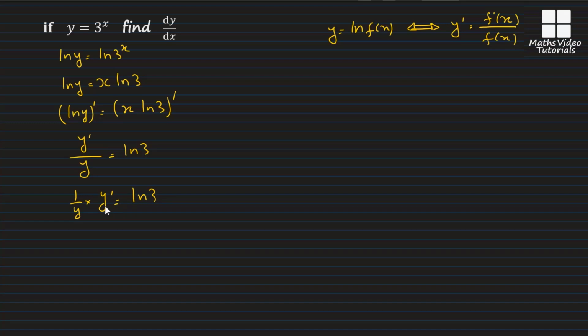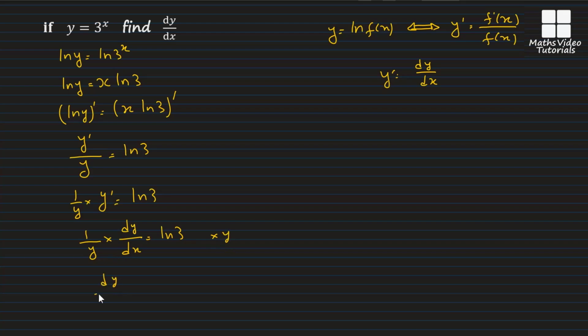The reason is that now I need to rewrite y dash in its formal state, which is the same as dy by dx. So if I replace it here, 1 over y times dy by dx is equal to ln 3. Then making dy by dx the subject will allow us to answer the question, so we just multiply by y.